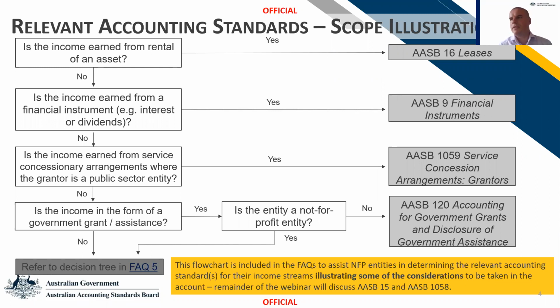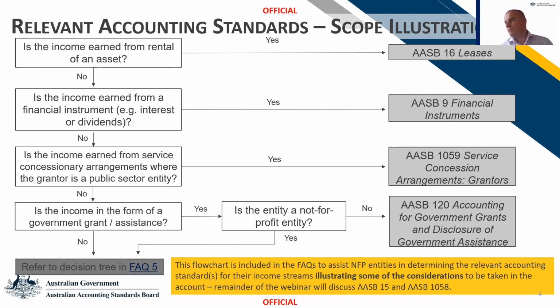But this is to remind participants that those two standards are not the only ones that are dealing with the income of not-for-profit entities, and we'll talk about 15 and 1058 considerations specifically a fair bit throughout this presentation.